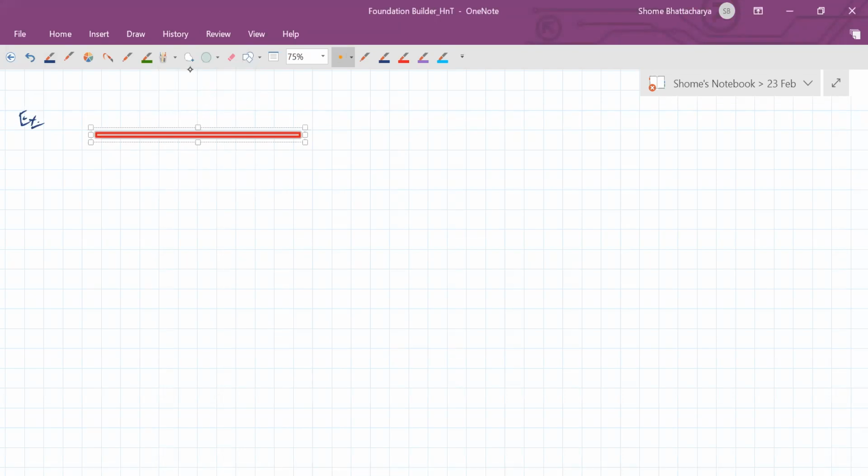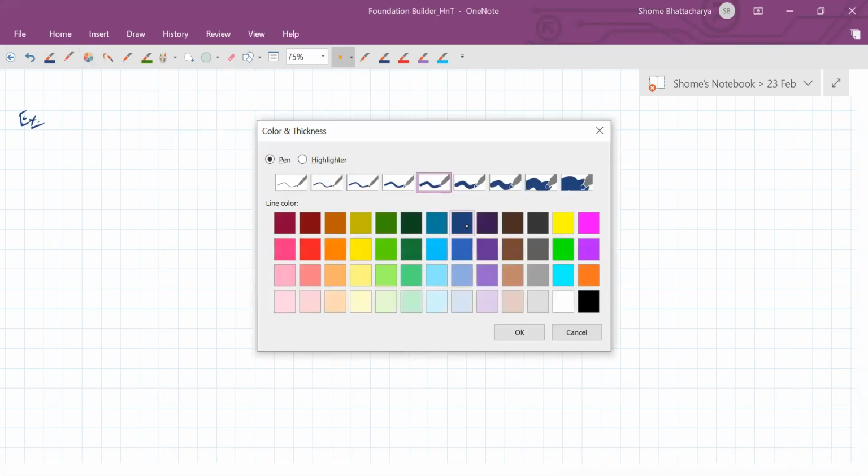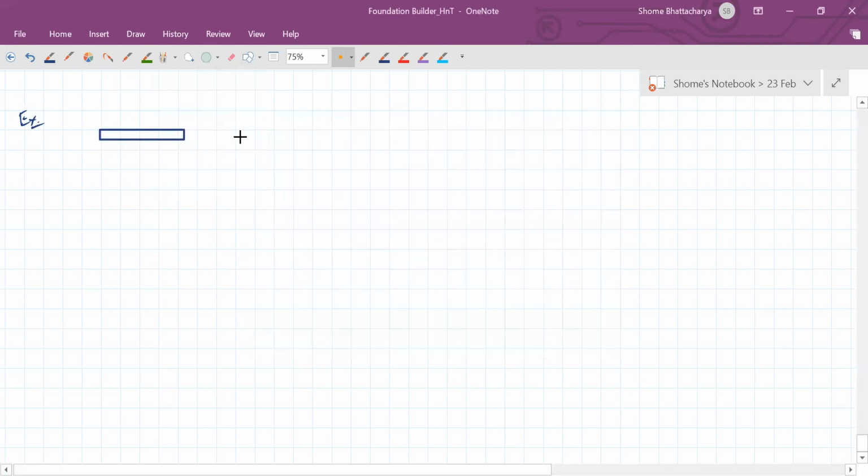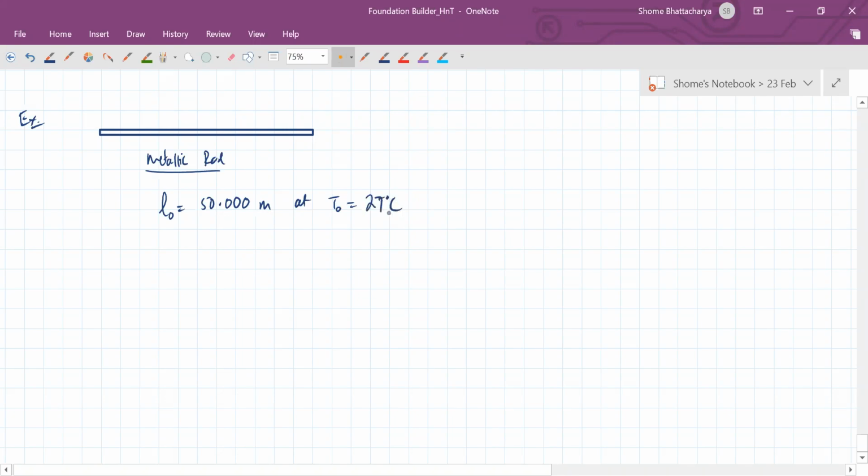We have a metallic rod, which has a length of, let's say, 50.000, determined up to millimeter accuracy at a temperature of 27 degrees C. This is roughly room temperature.